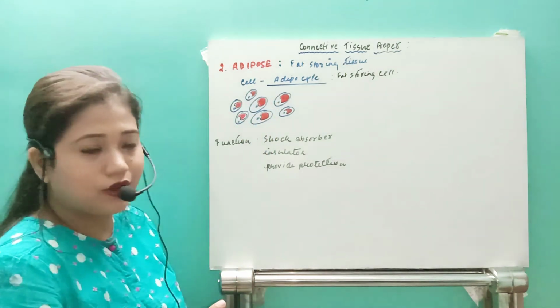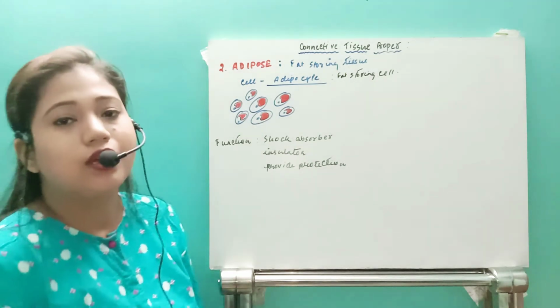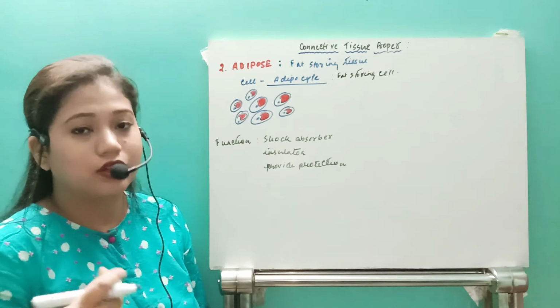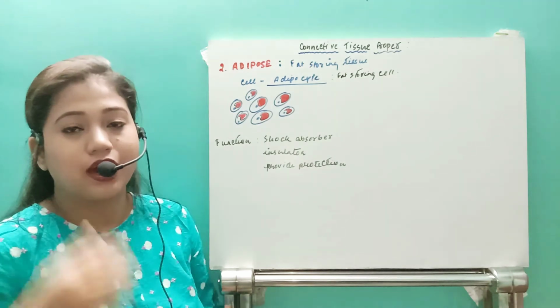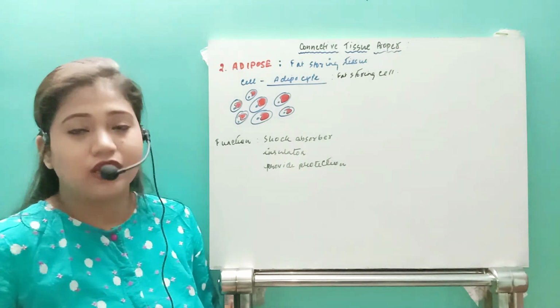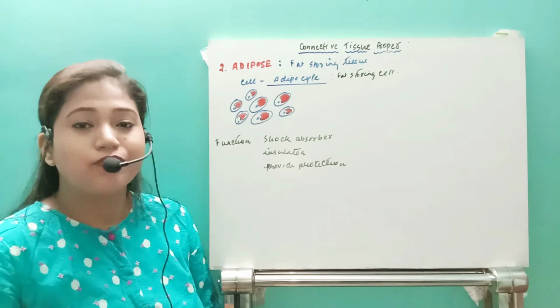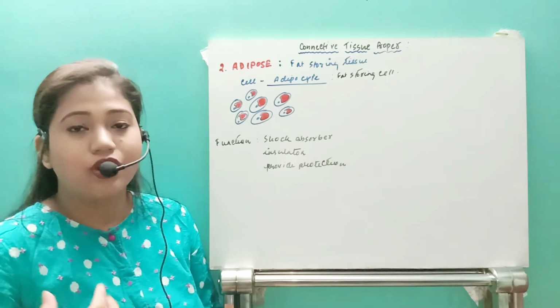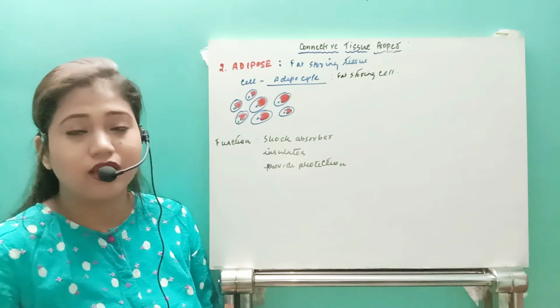It acts as a shock absorber, which is very much important because this adipose tissue is basically present around some organs, like around the eyeball, around the kidney, so that it can prevent the eye or the kidney from any type of mechanical injuries.